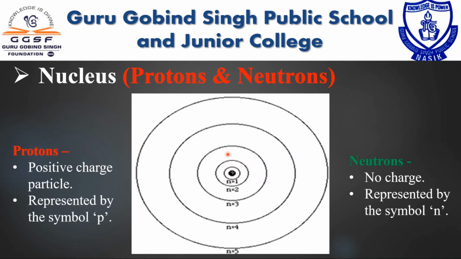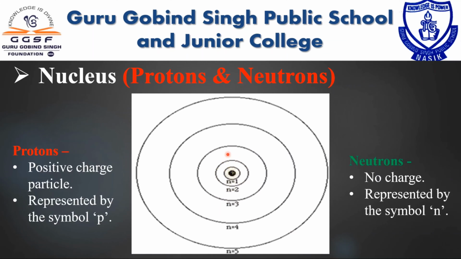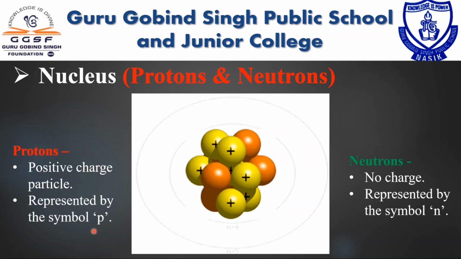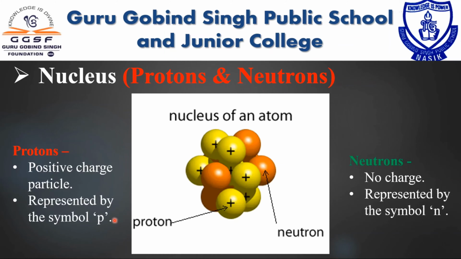The positive charge on the nucleus is due to the protons in it. A proton is represented by the symbol P. Each proton carries a positive charge of 1 electron. 1 electron carries a charge equal to 1.6 into 10 raised to minus 19 coulomb.